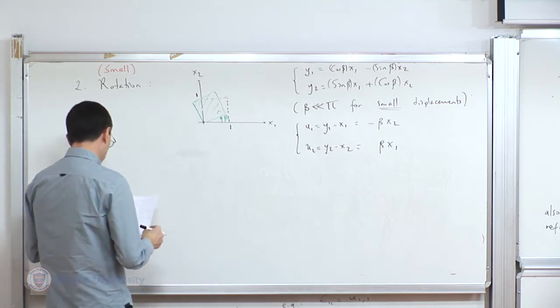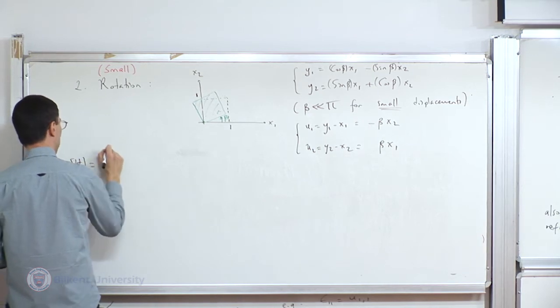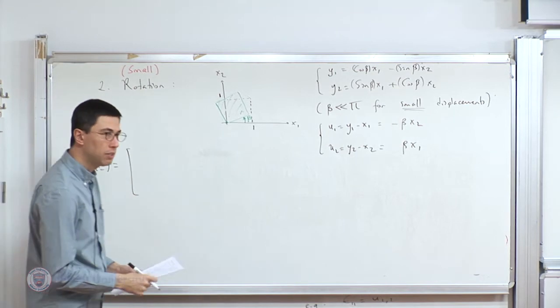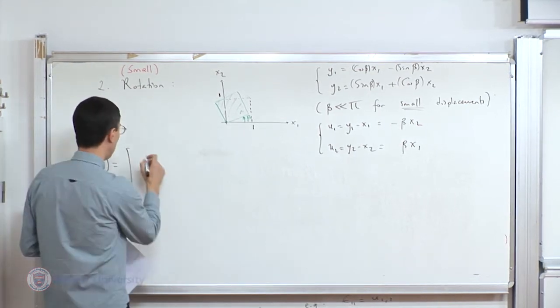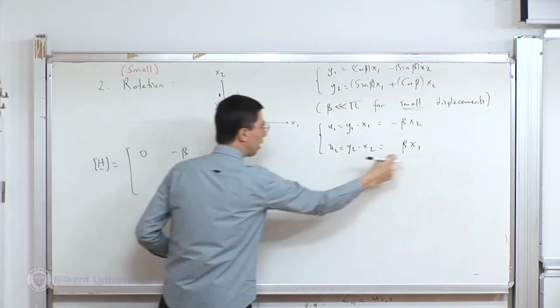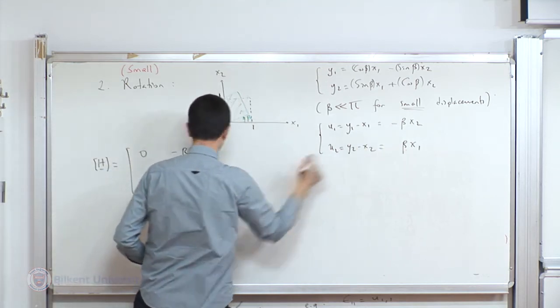All right, so now let's go ahead and, like we did last time, calculate the components of the first displacement gradient. So that is going to be the first entry u1 comma 1, it's 0. u1 comma 2, it's minus beta. u2 comma 1, it's beta. And u2 comma 2, it's 0.